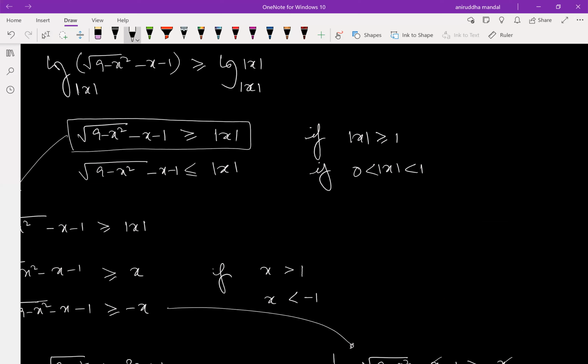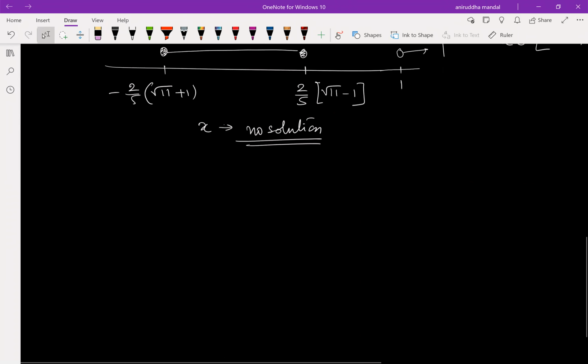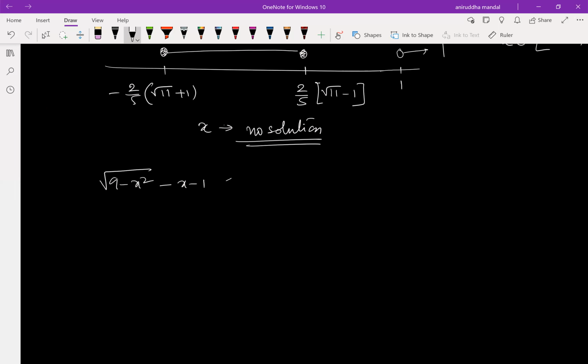Now similarly for the next solution, we just write once again 9 minus x square minus x minus 1, and it is less or equal to mod x. Now if we open this again, first is when mod x lies between 0 and 1.